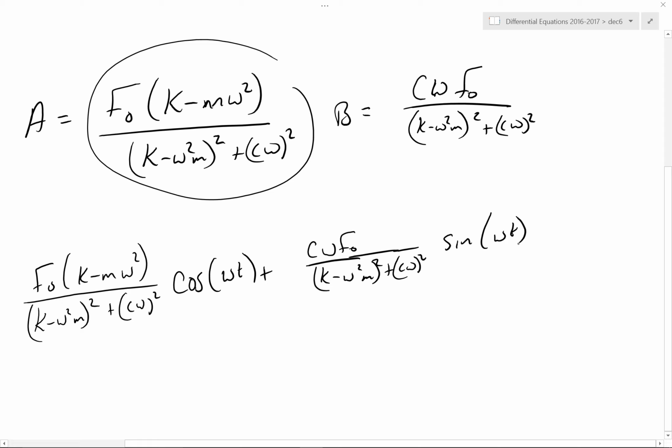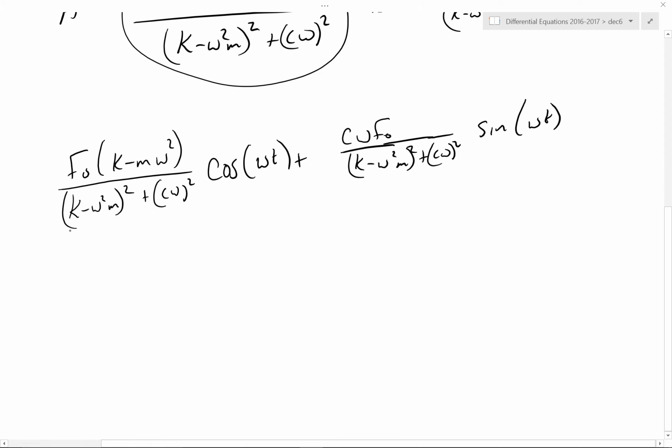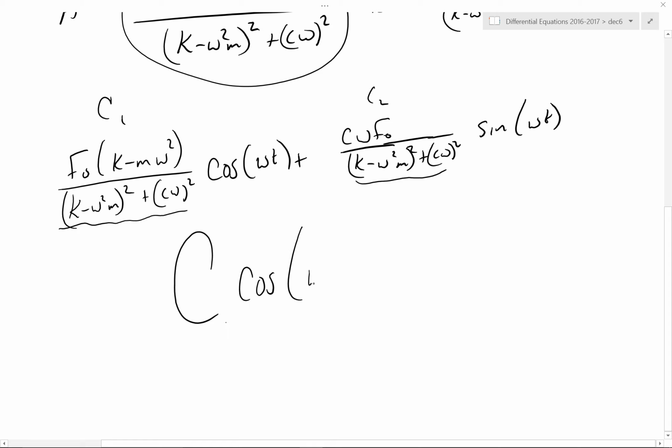Oh, but wait. Look at this. These are values in front of here and here. These really are just C1 and C2 kind of things, yes? Which means we can make a great big C, cosine of omega t minus some alpha, right?